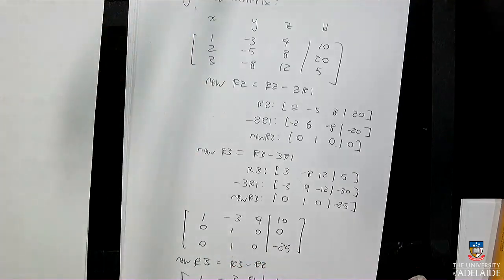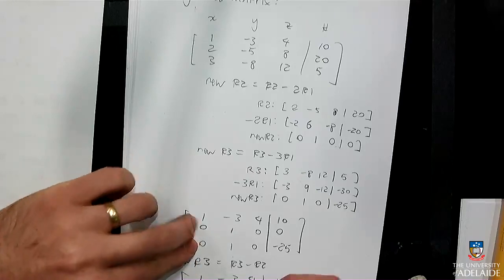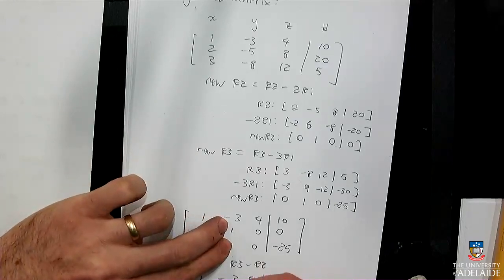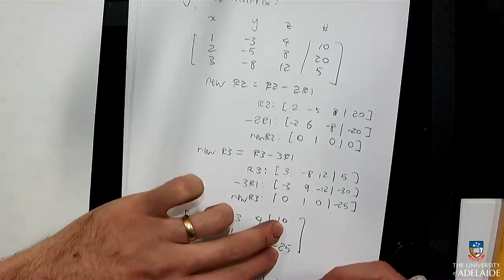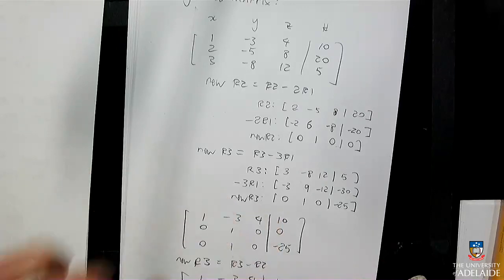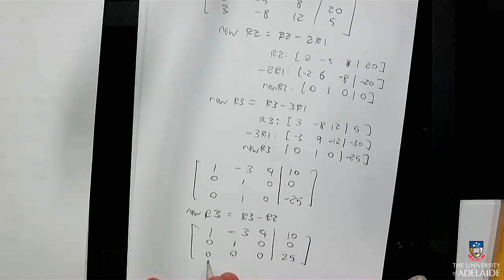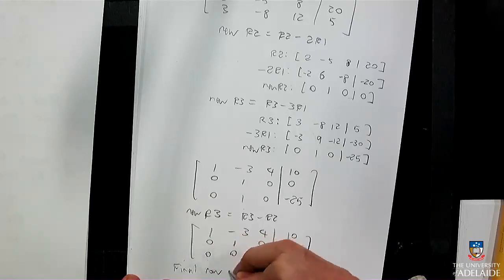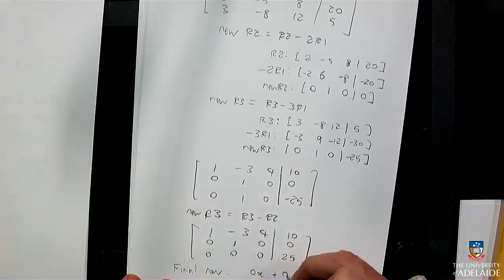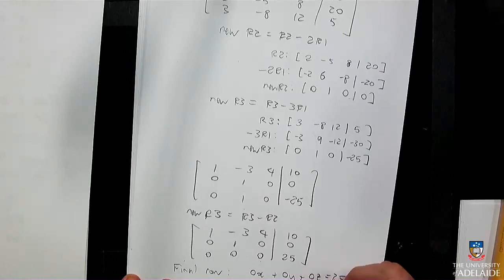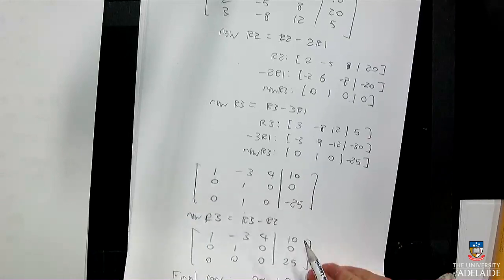I don't think I need to do the calculation for this one. 0 minus 0 is 0, 1 minus 1 is 0, 0 minus 0 is 0, 0 minus minus 25 is 25. And I've created a row where I have 0x plus 0y plus 0z is 25. So the final row is 0x plus 0y plus 0z equals 25, which is impossible, and there's no solutions.